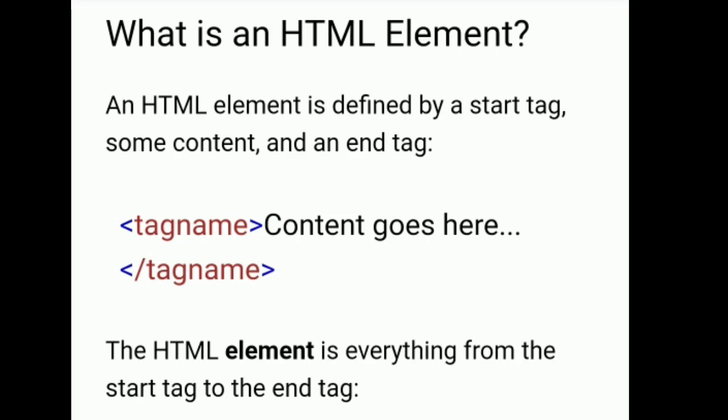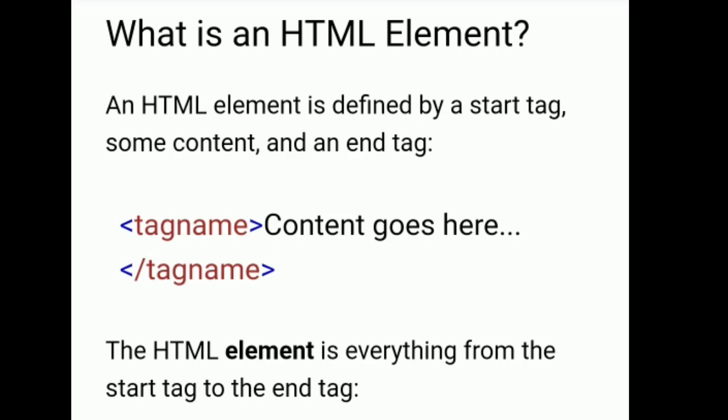Similarly, h2 is the opening tag and /h2 is the closing tag. h1 is the largest heading tag, and the remaining ones go from large to small. h1 is the highest, h2 is the second highest, up to h6.